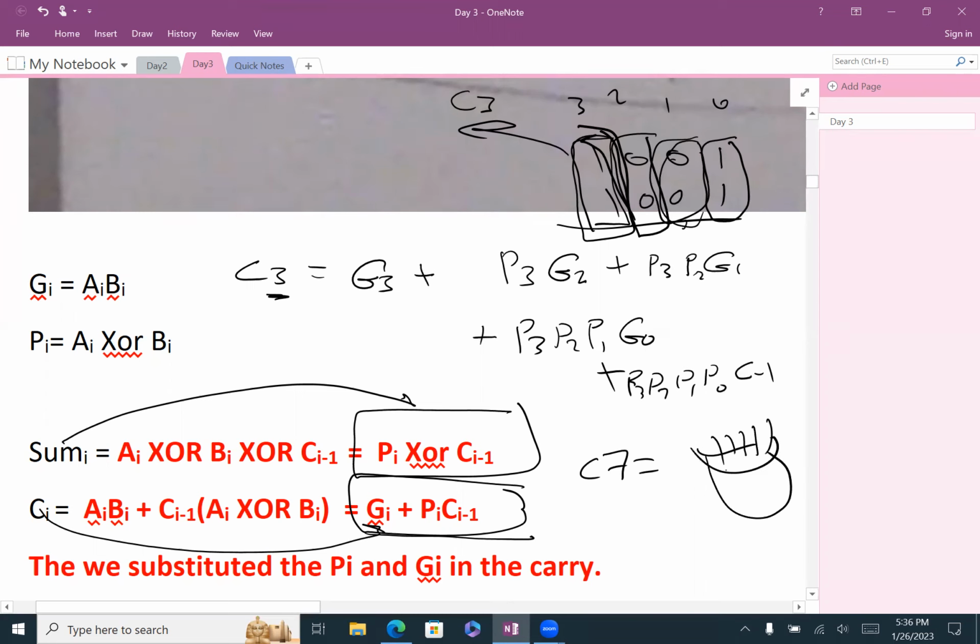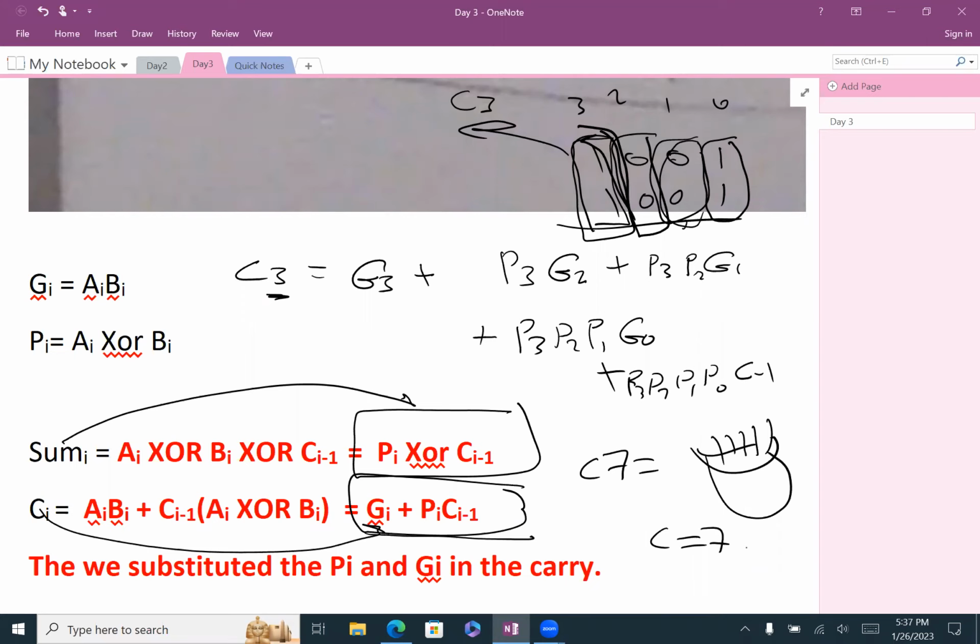So what is the size of the gate for C7? It's going to be 9. And that's why nobody uses it, because you will have a delay. We're trying to eliminate the delay, but when your gate has more than 4 inputs, you're going in the other direction. You're climbing, and then all of a sudden you start going down. So that's the problem. Clear?